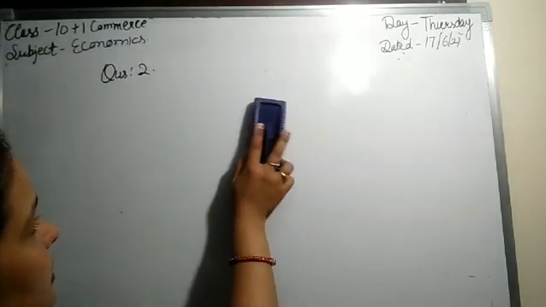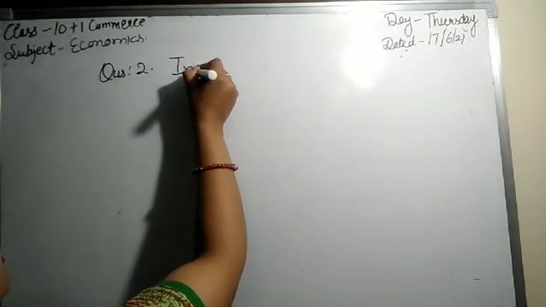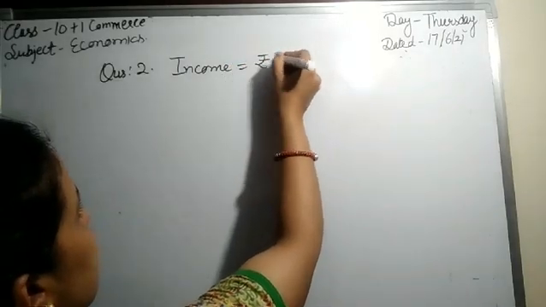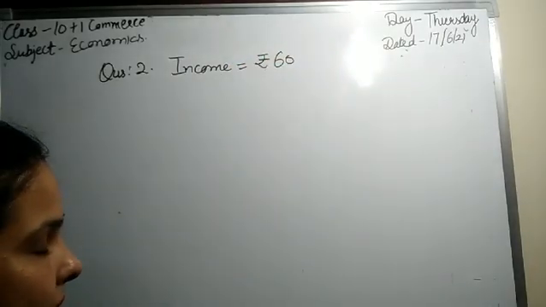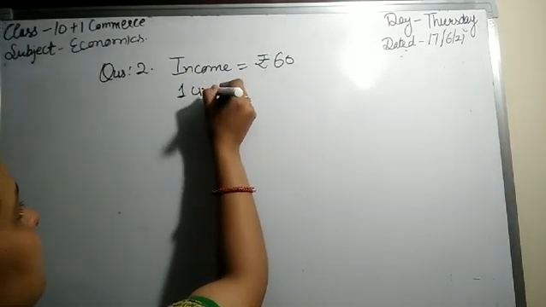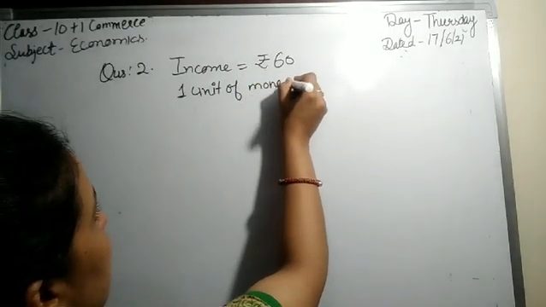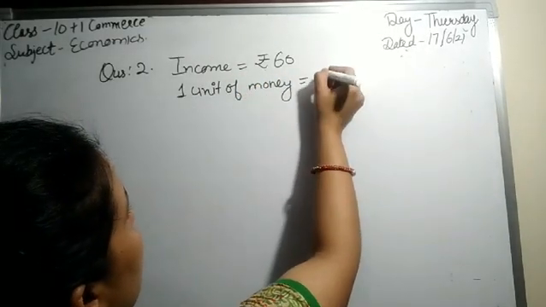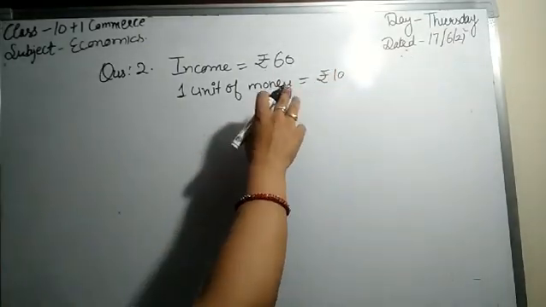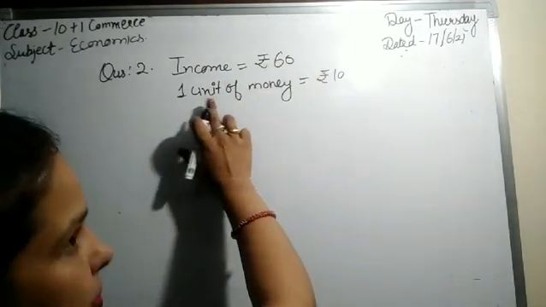Coming to the question, the income of the consumer is given as constant: income is rupees 60. First we have to assume that 1 unit of money is equal to rupees 10, because the consumer does not spend his total income at once; he spends it by 1 unit.